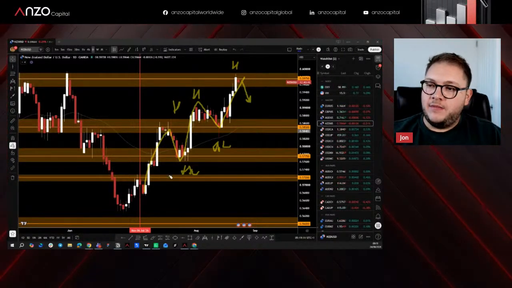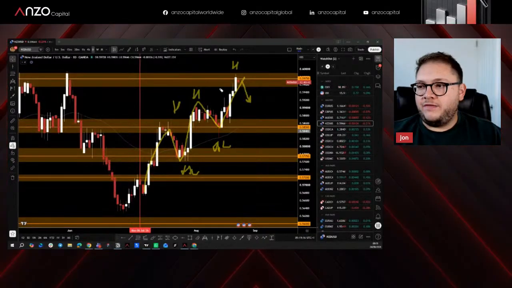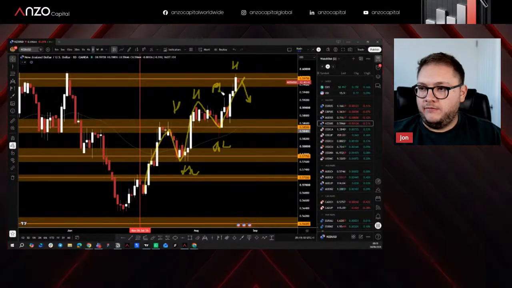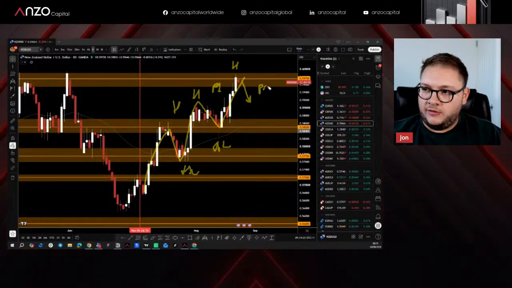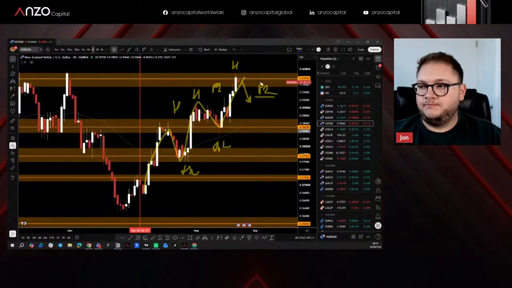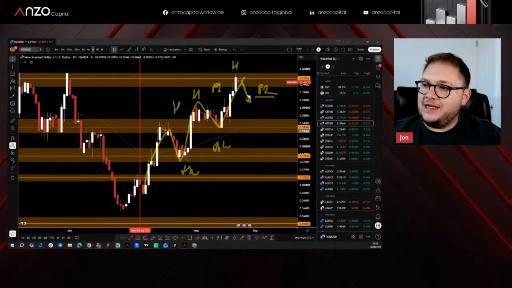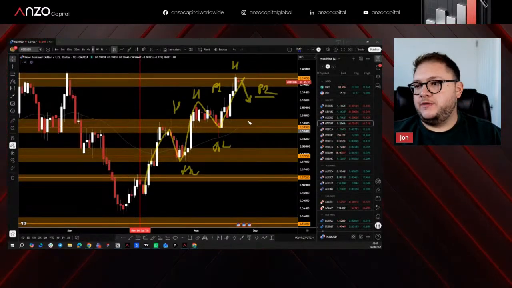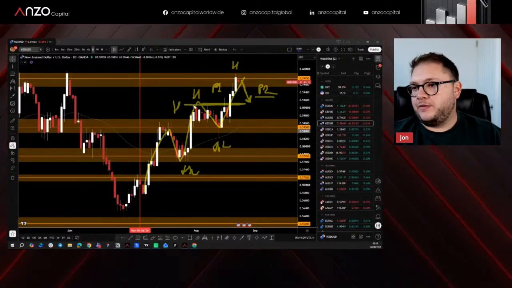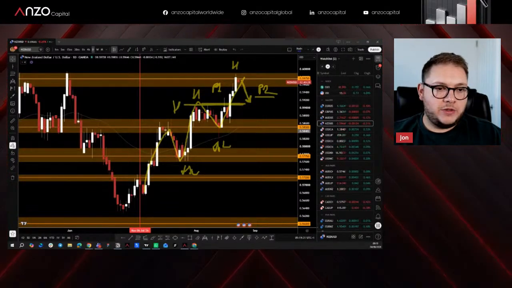So remember, phases that go with the trend are called phase 1. Phases that go against the trend are called P2. Okay. So if the daily chart starts showing me a phase 2, which means a pullback, I'm going to be looking for price to come back to an area of support. Okay.